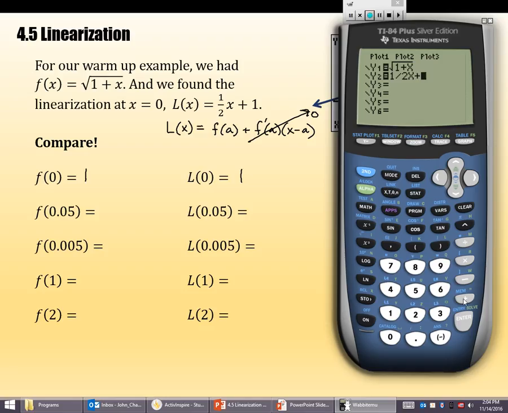We've made a claim that these are similar, but let's see if we can quantify that.